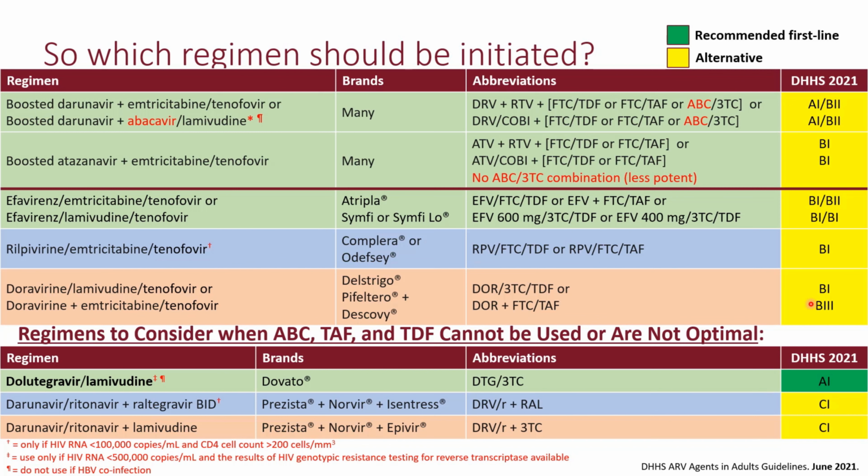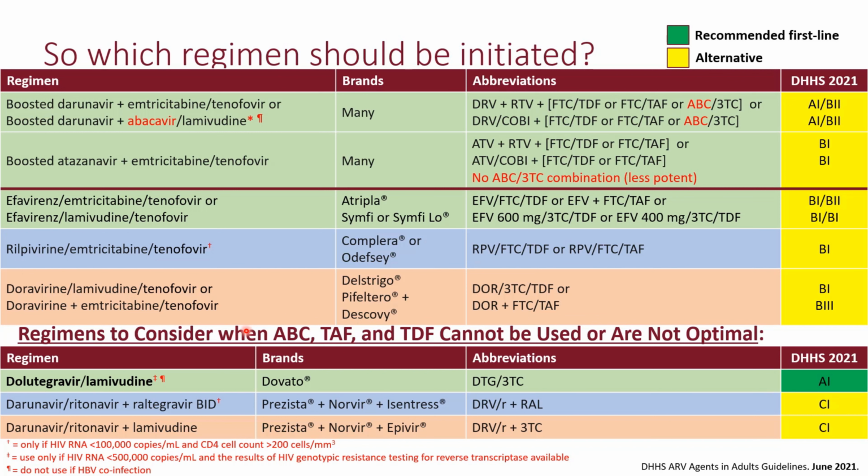Right now it is considered alternative because of the limited data. Overall, it has a much better safety profile and a high barrier to resistance. So if you have patients with HIV resistant to rilpivirine or efavirenz, potentially doravirine could maintain activity.